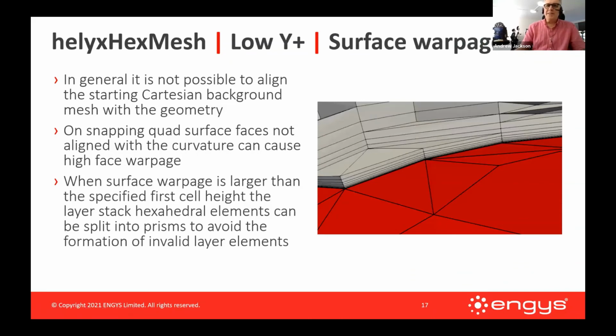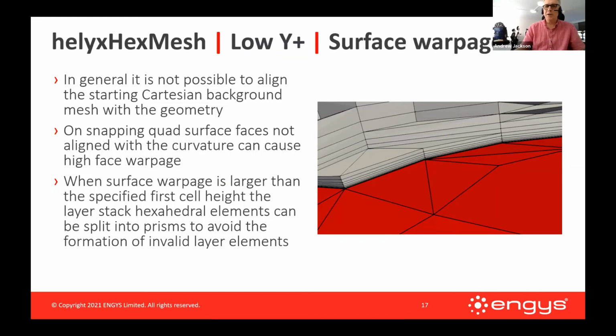Another problem is that we are always starting with a background Cartesian mesh, and on anything but simple geometry you cannot align this mesh with the geometry itself. So when these elements snap to the surface, the quad faces can have a high level of face warpage, which is greater than the first cell height that you specified.